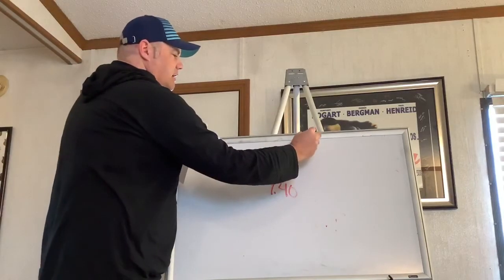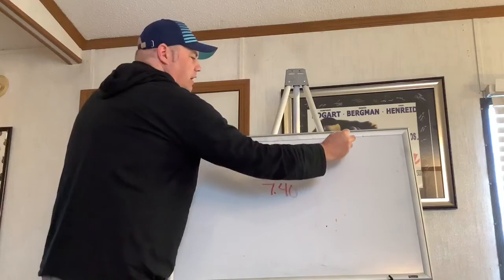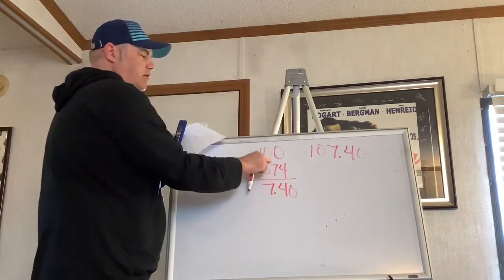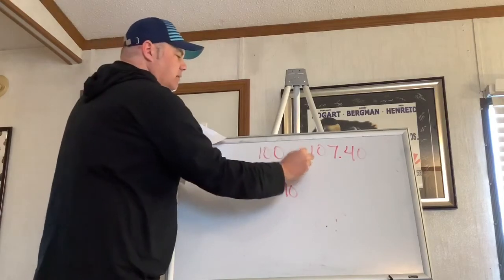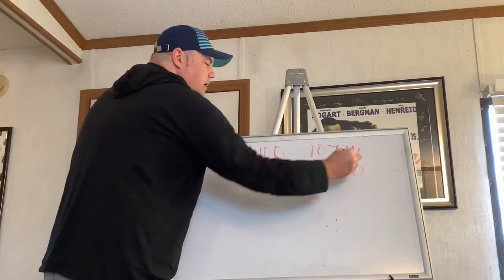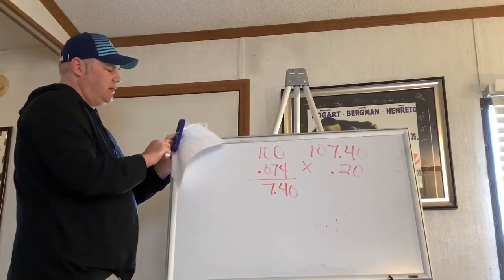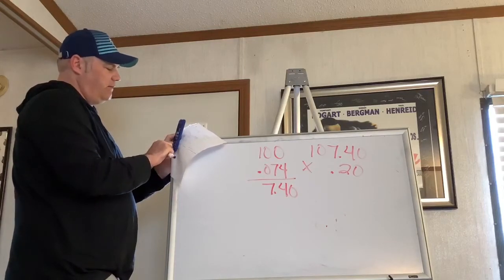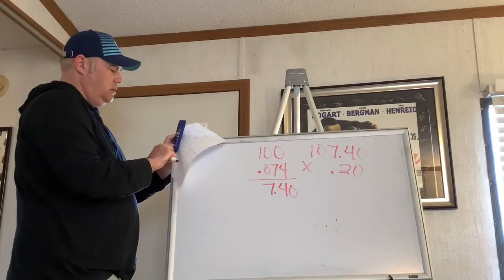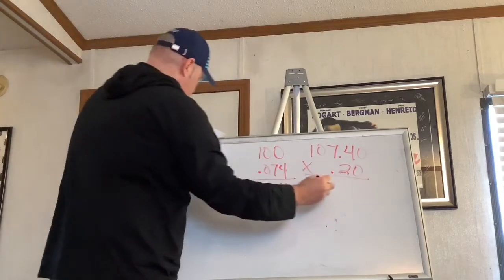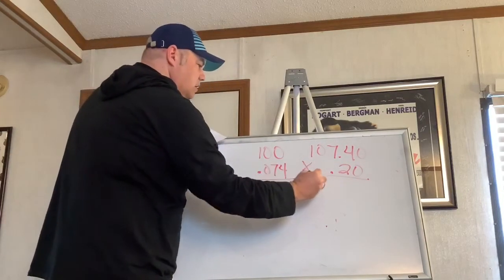So now you have $107.40 because I took that $7.40 and added it to my total, and that's what I'm going to find my tip off of. I was going to tip 20% on this problem, so 107.4 times 0.2 equals 21.48.